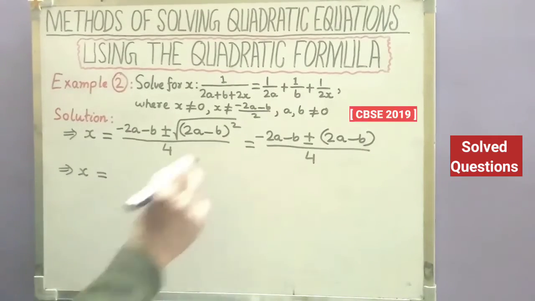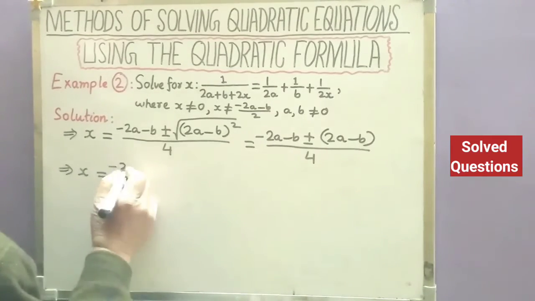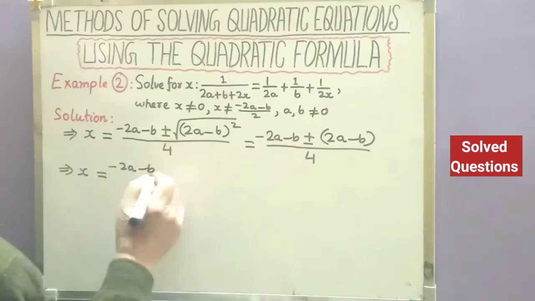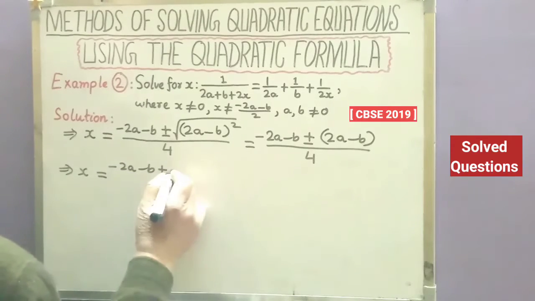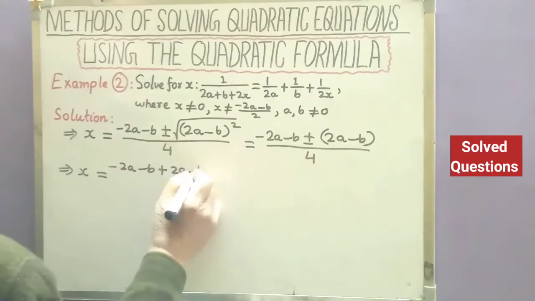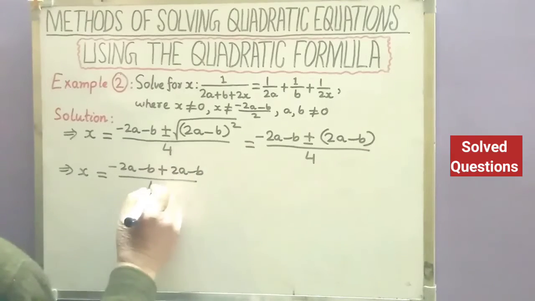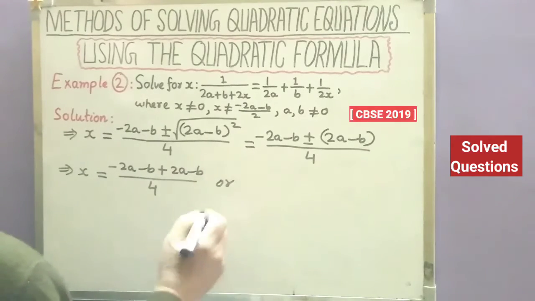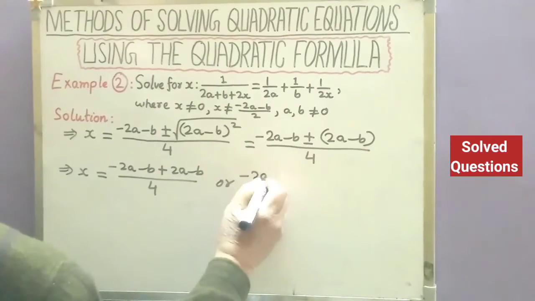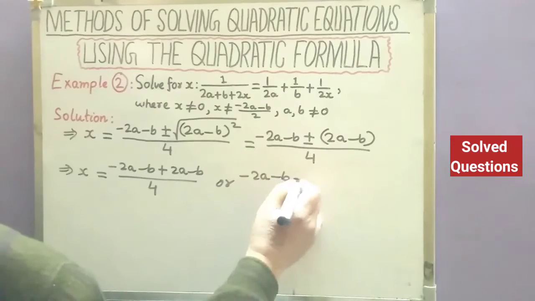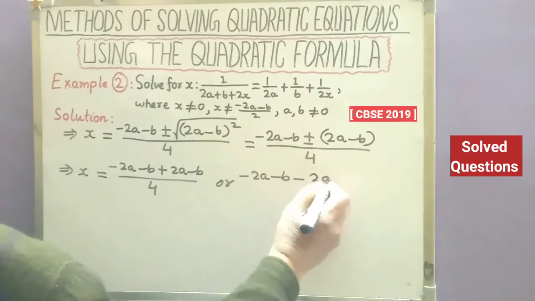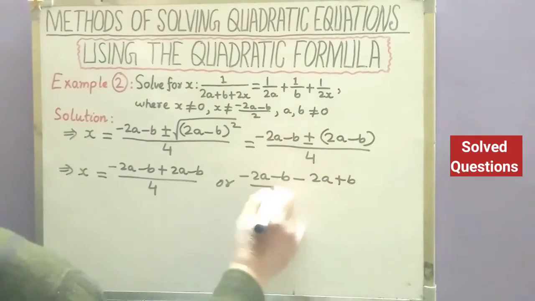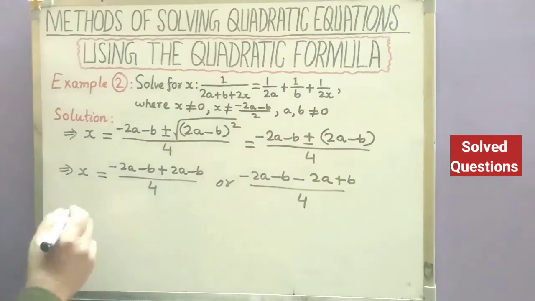That implies that x equal to minus 2a minus b plus 2a minus b upon 4, or x equal to minus 2a minus b minus 2a plus b upon 4.